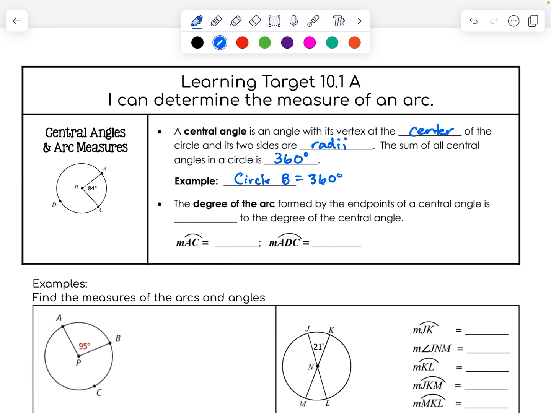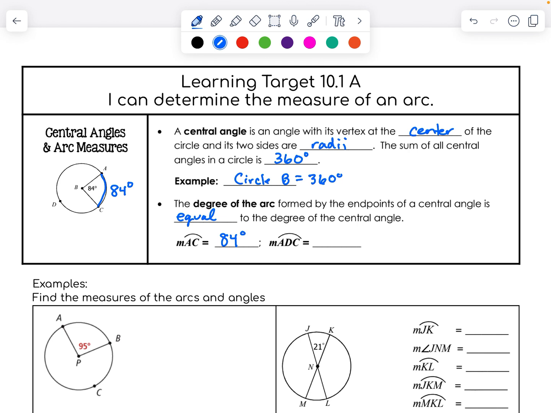Now, the degree of the arc formed by the endpoints of the central angle is equal to the degree of the central angle. So if you look at here, ABC is 84 degrees, then arc AC is also 84 degrees.